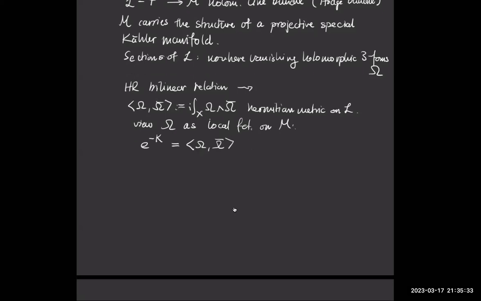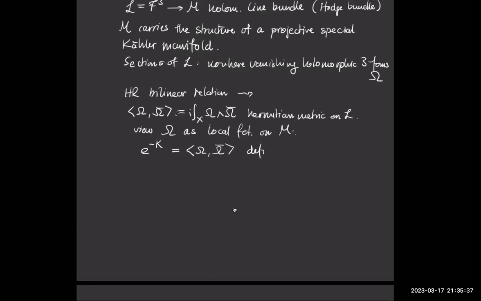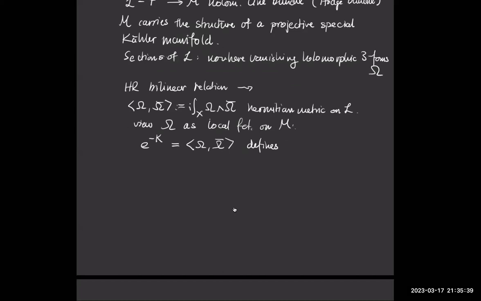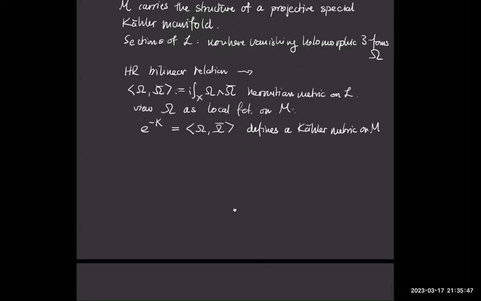And in this way, we get a function K on M which defines a Kähler metric, which I call G i j bar, and as usual, it's defined as partial i partial j bar of K. This is known as the Weil-Petersson metric.